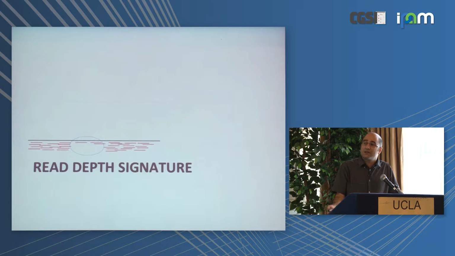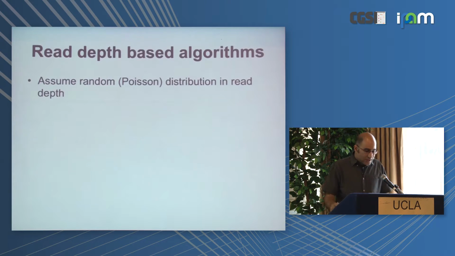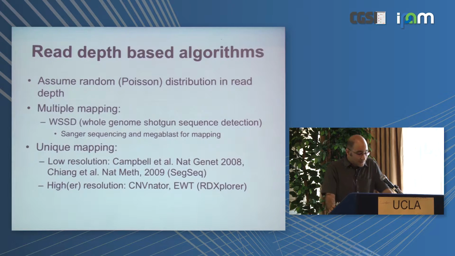The first one was the read depth signature, and that's when the number of reads mapping to a particular region is significantly different than what you would expect. The assumption of most of the methods that use the read depth signature for calling CNVs is that the read depth distribution should obey a Poisson distribution. Based on that assumption, as a matter of fact, the very first methods for calling CNVs were using Sanger reads, and they were using read depth analysis.